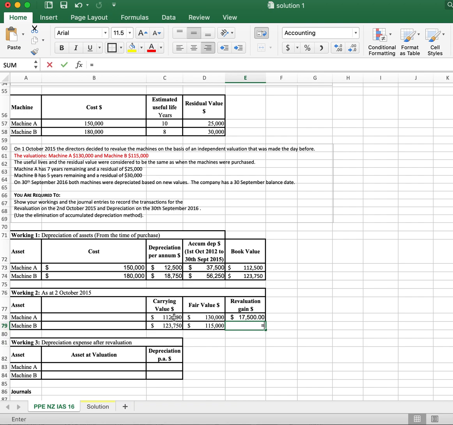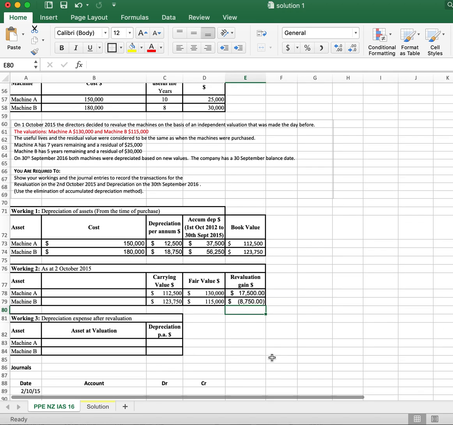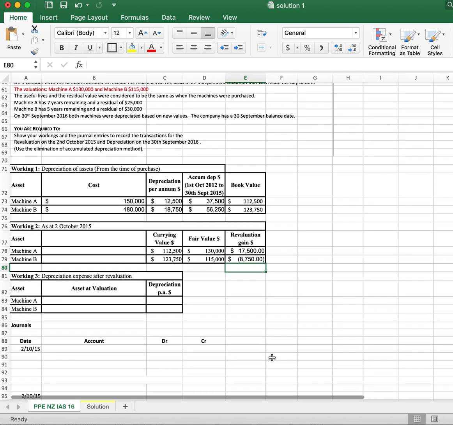Whereas the other one is the other way around, it's actually the fair value is less than the carrying value, right? Book value, carrying value, the same thing, right? Okay, so you can see that one's got a better value, okay, and the one's got a lesser value. All right. Okay, so that's all good.